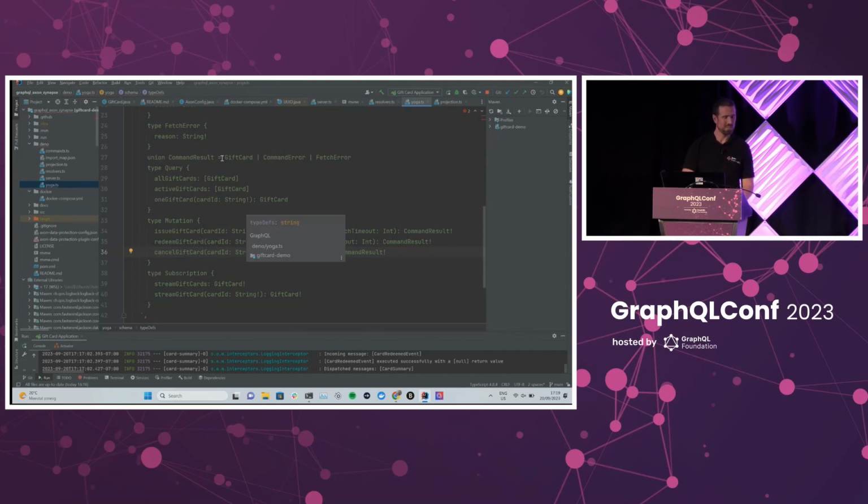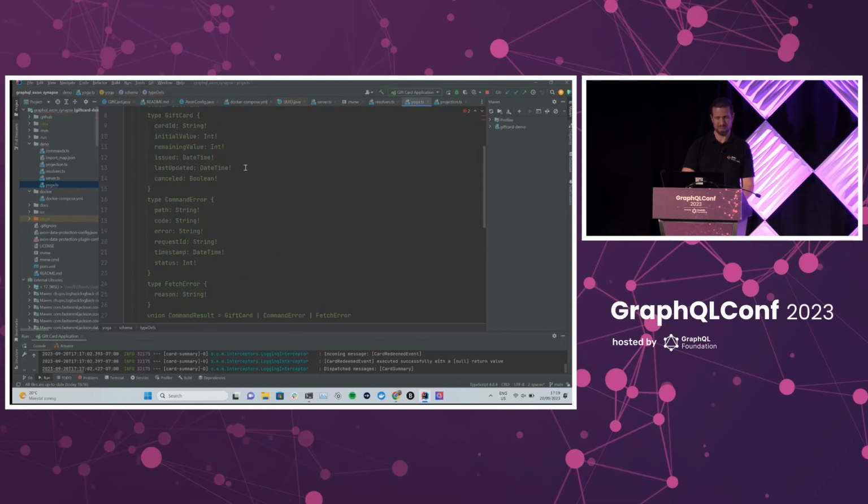And are those for the CQRS pattern? Not really. That's just how I currently implement it in the endpoint, as a way to make it optional for the client to determine if it wants to wait for the result or not. So then it's nice to have some different kind of error back. So that's not CQRS specific.